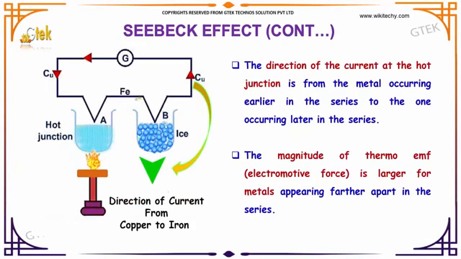The direction of current at the hot junction is from the metal occurring earlier in the series to the one occurring later in the series. The magnitude of thermo EMF is larger for metals appearing farther apart in the series.